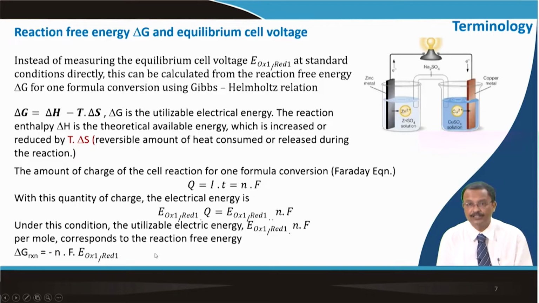When the reaction proceeds, by convention this reaction free energy is taken as negative. So, the energy that you can estimate from this simple relation is minus n times the Faraday constant times the oxidation-reduction potential.